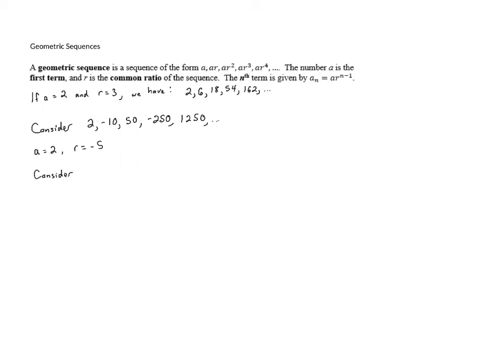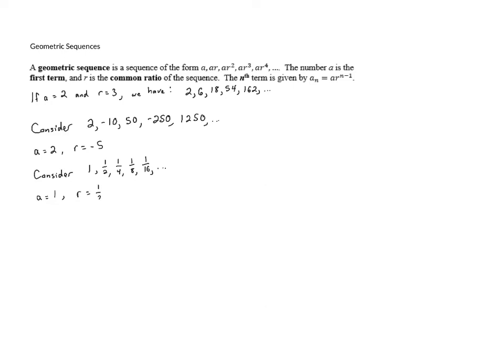Let's consider the geometric sequence 1, 1/2, 1/4, 1/8, 1/16, etc. In this case, the first term, A, is 1, and the common ratio is 1/2. When we multiply one term by 1/2, we get the next term.